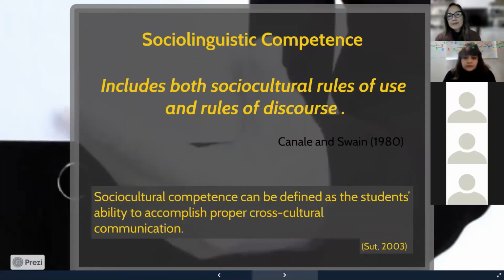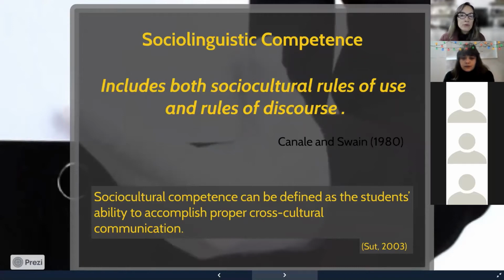So let's have a look at one definition, right? So as we said before, it includes both sociocultural rules of use and rules of discourse, right? So we need to take into account what happens in a specific culture, right?